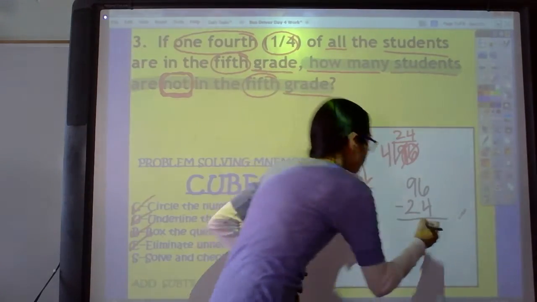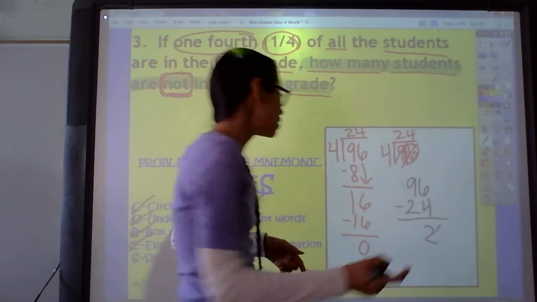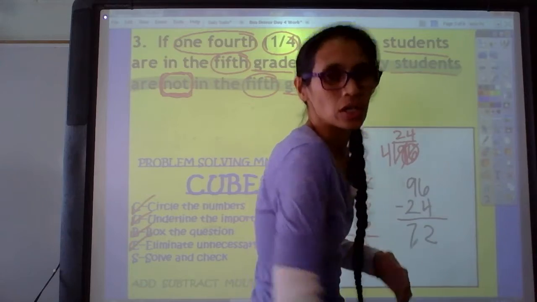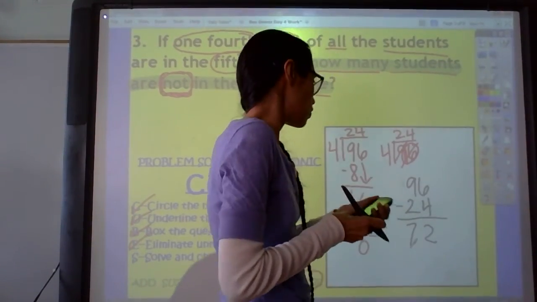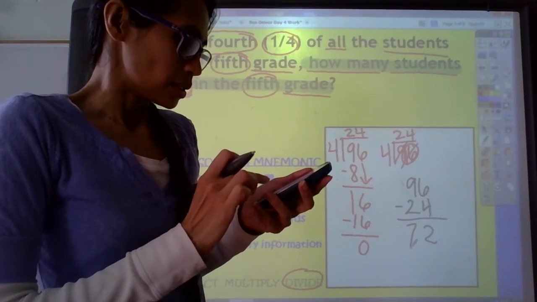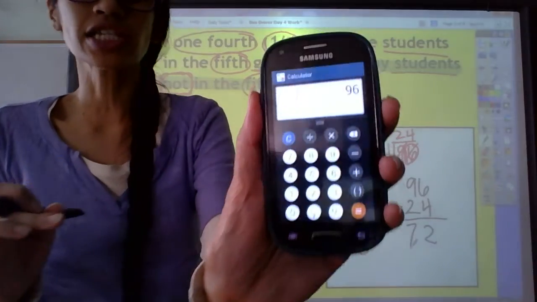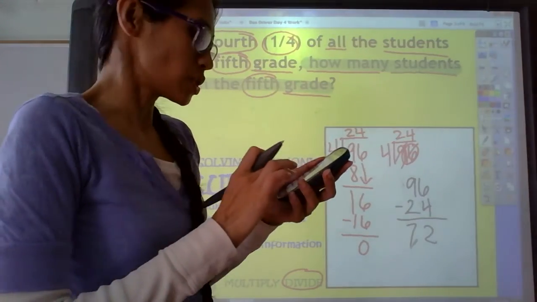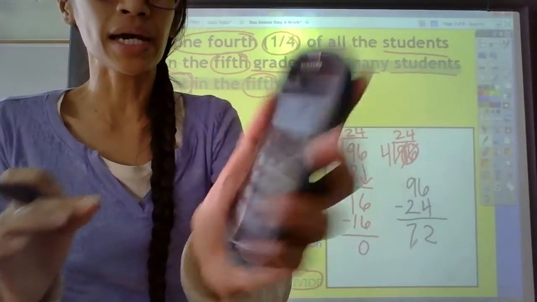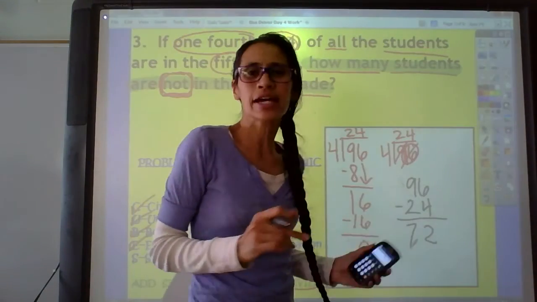Left with 2. 9 take away 2 is 7. And we're going to use our calculator to work that out. Calculator. 96, bam, minus 24, bam, equals, yes, 72, just like our answer.